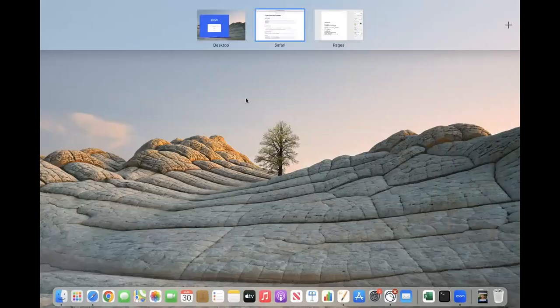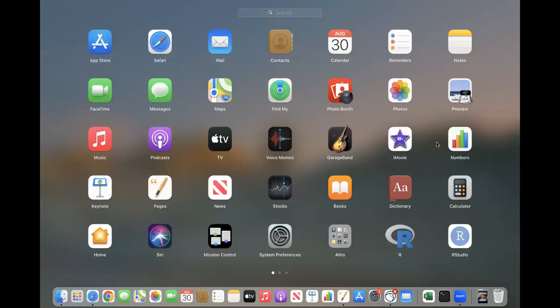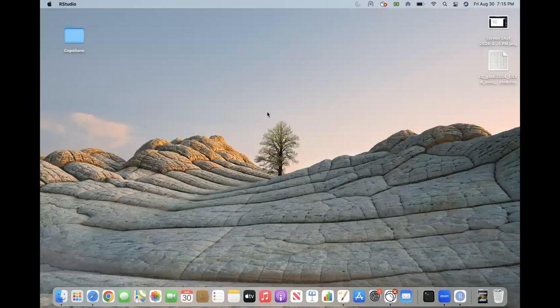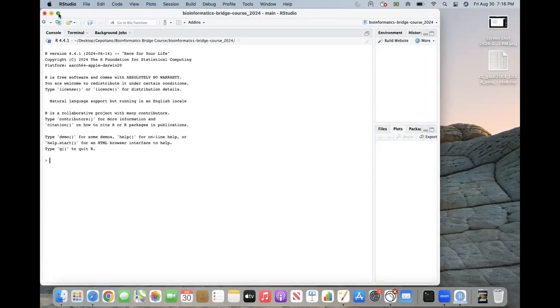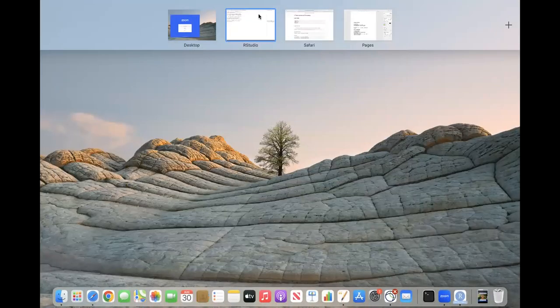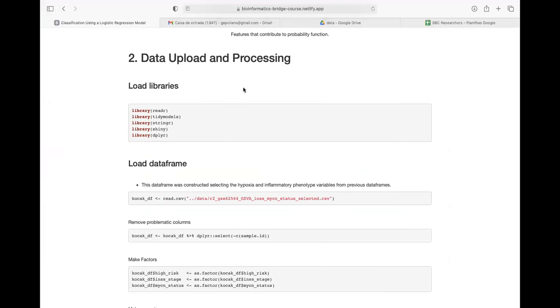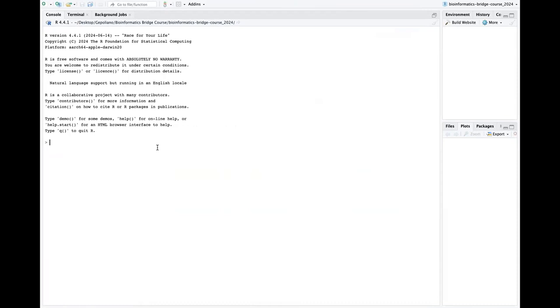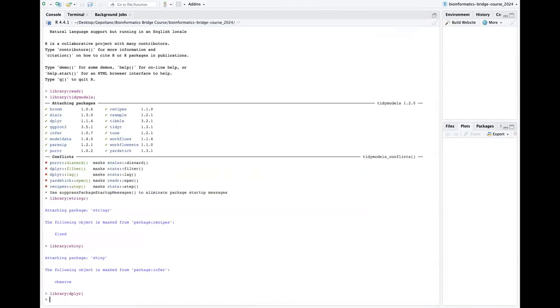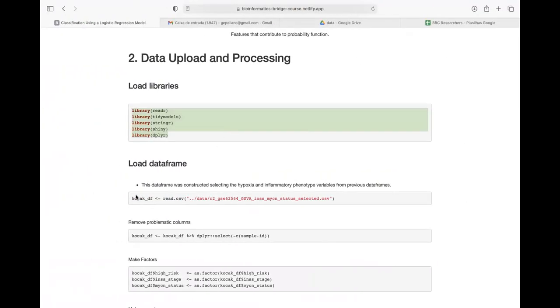I'm going to go ahead and open RStudio. I guess at this point, I do not need to use the console with you guys. So I'm going to just copy this and run these libraries. It went okay, and I'm going to run this command.